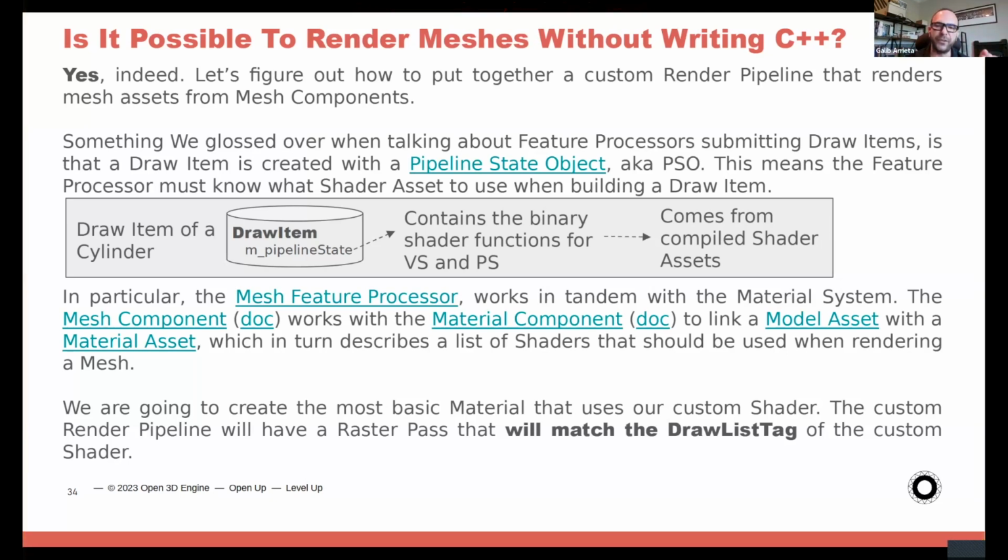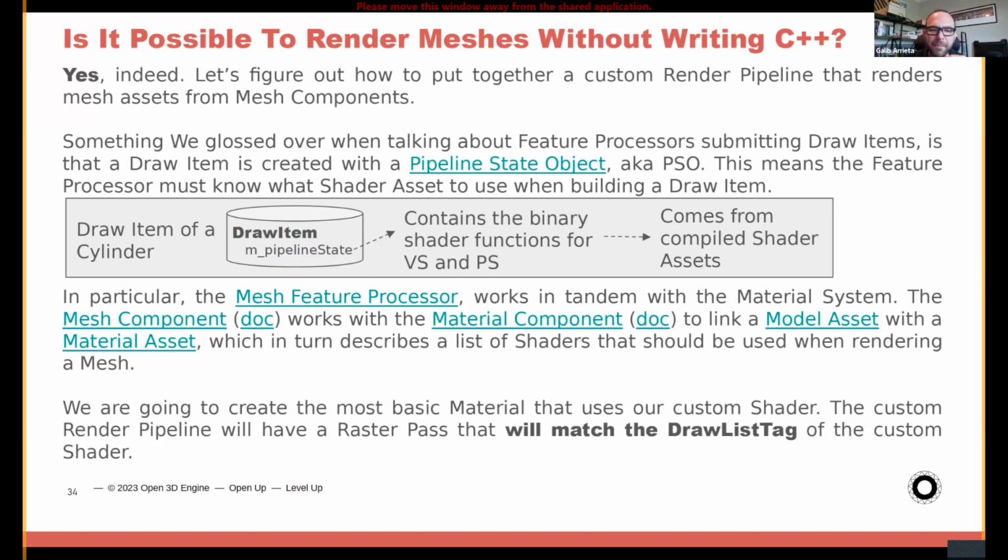That means the feature processor needs to know what shader to use. Now, you can do this in C++, in your own feature processor. You know exactly in C++ code what shader to load to render your draw items. But in this case, we're not writing C++.